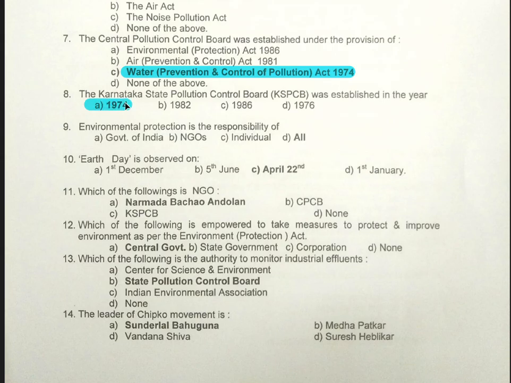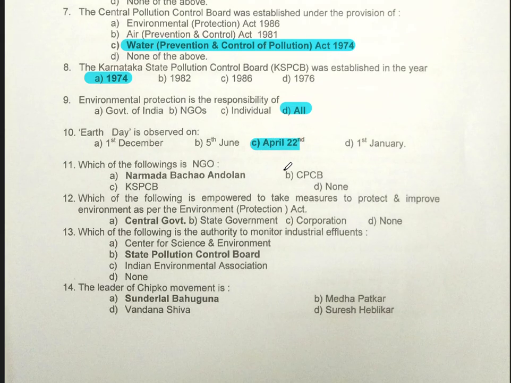Environmental protection is the responsibility of Government of India, NGOs and individuals, all of them. Earth Day is observed on April 22nd. Which of the following is an NGO? Narmada Bachao Andolan.